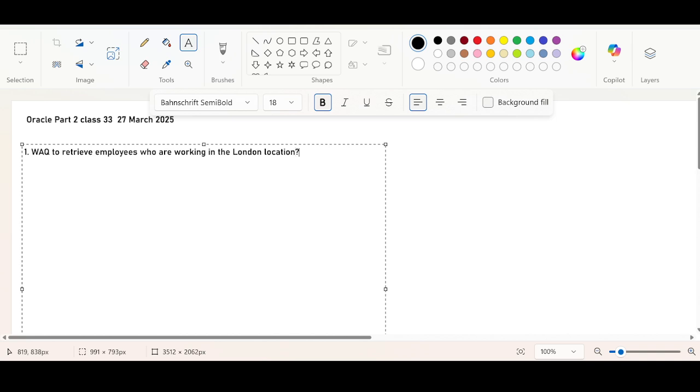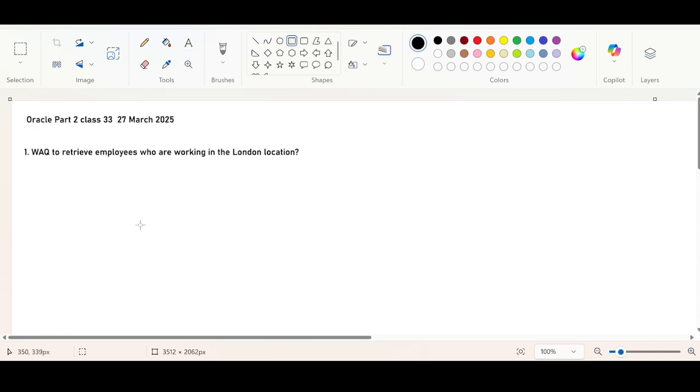If you look at this query, this query will not be given to you directly. They give this query by assuming that there are two tables.